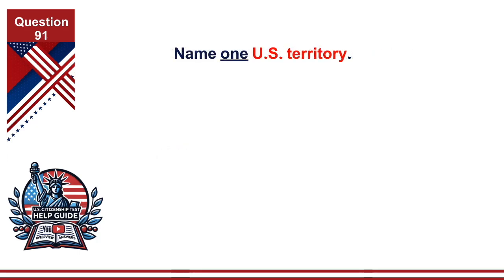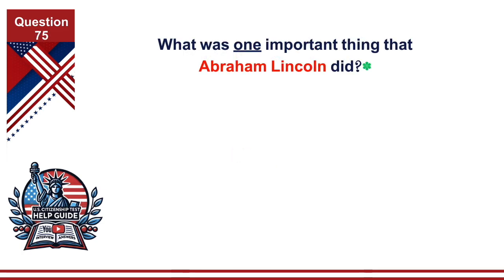Name one U.S. territory. Guam. What was one important thing that Abraham Lincoln did? Freed the slaves.